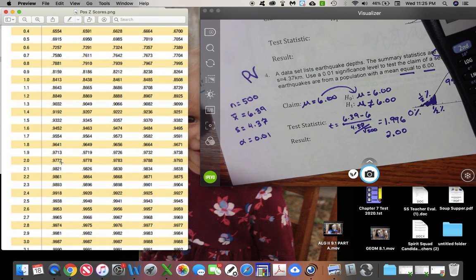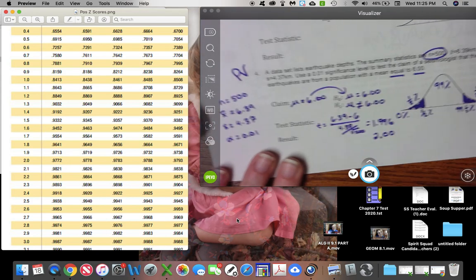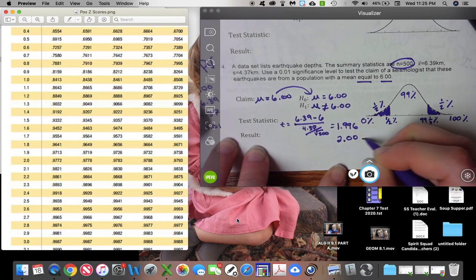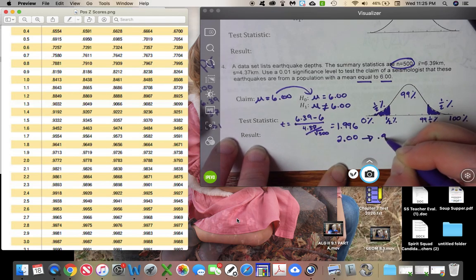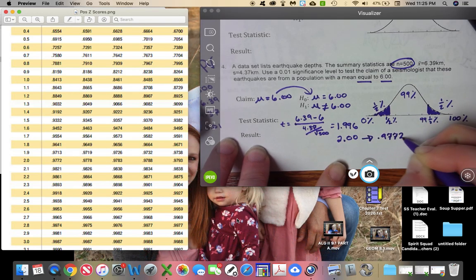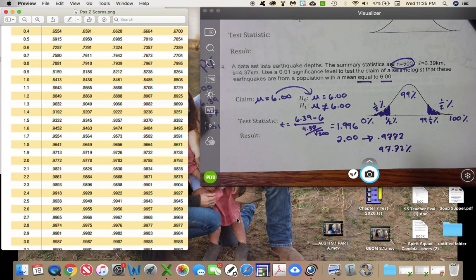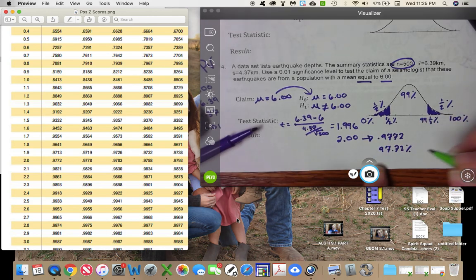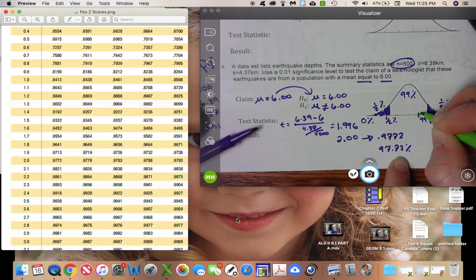First column, 0.9772, or 97.72%. We've got to figure out where it lives in comparison to the rest of it. 97.72% is real close to 99, but not quite in the critical region.